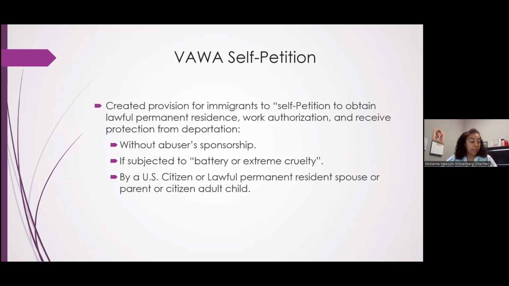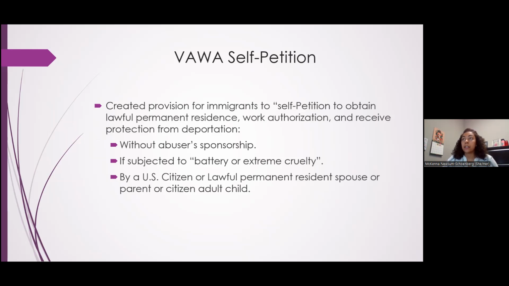All right. The next form of relief is what's called a VAWA self-petition. VAWA stands for Violence Against Women Act. The name can be misleading because it's not only for women, it can be for anybody.